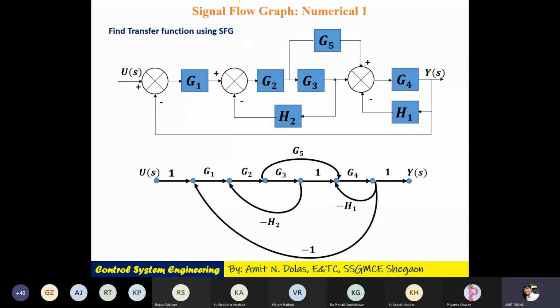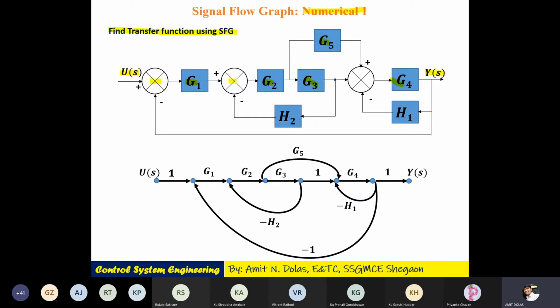Now, this is the numerical where the question is: find the transfer function using signal flow graph, SFG. So this is the block diagram wherein you can see one input, U of S, and the output, Y of S. Some system blocks, G1, G2, G3, G4, and G5, are connected in this fashion.